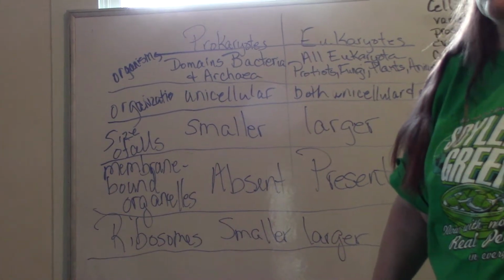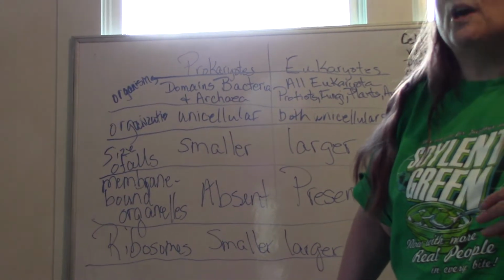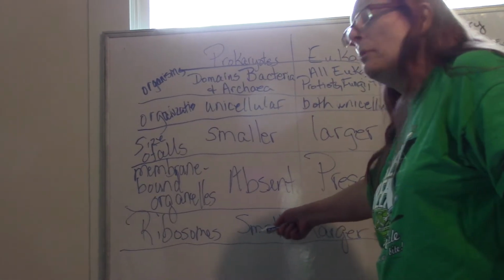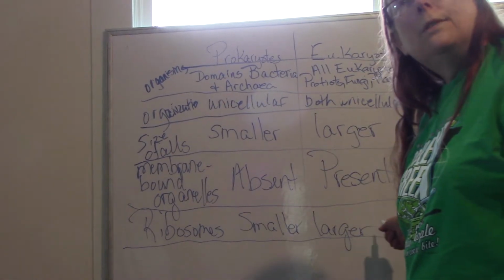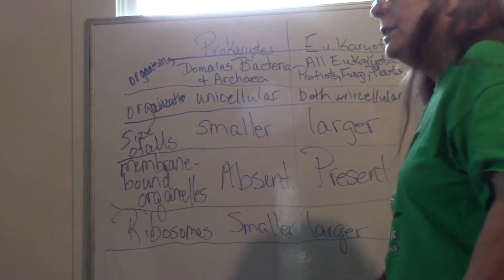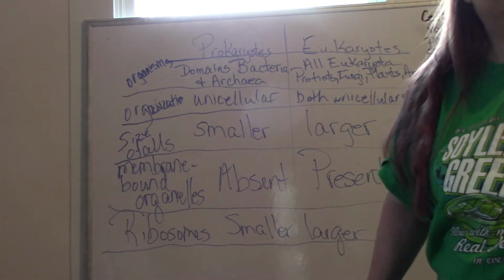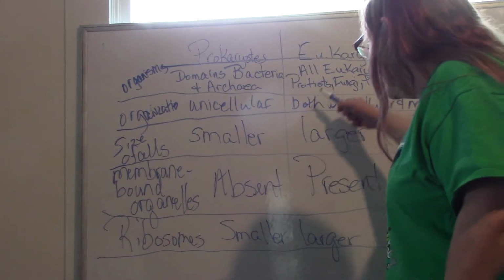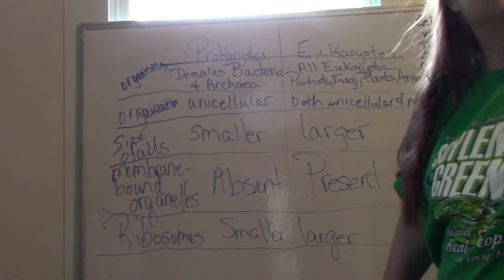They don't have a membrane around them. They have two subunits to them. But the subunits are smaller in the prokaryotes than they are in the eukaryotes, making the ribosomes smaller in the prokaryotes and larger in the eukaryotes.